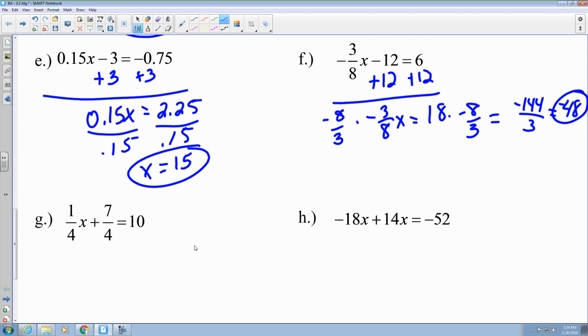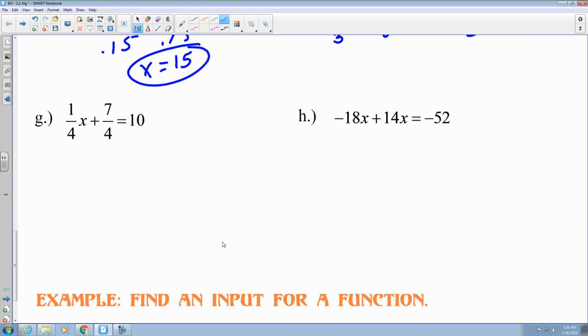Now, most people get really nervous when they look at an example like G, because you have multiple fractions in a particular equation. If fractions make you nervous, let's get rid of them. So what I'm going to do is multiply the entire equation by the least common denominator of our fractions. Since it's 4, I'm just going to multiply the entire equation by 4.